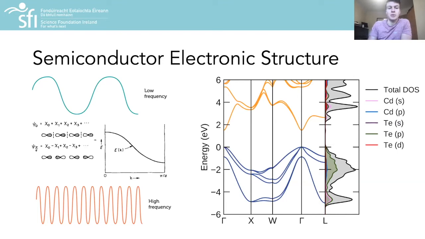So a band structure is then simply a graph of the variation in energy as we move between different points in reciprocal space, so as the wave phase changes. And we have certain labels for special or high symmetry K points, which occur on our Brillouin zone, which is the unit cell in reciprocal space.